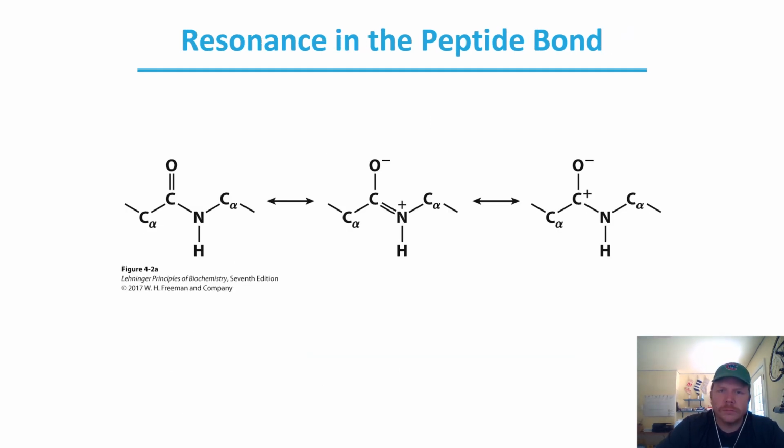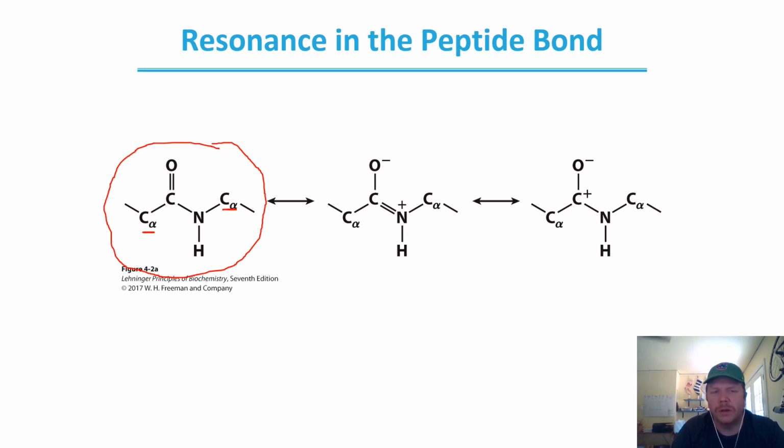So here is the peptide bond that we're accustomed to. What I'd like you to do is be sure that you can orient yourself: where is my R group? If you wanted to find out where your R group is, all that you'd have to do is identify your alpha carbon. Here's an alpha carbon, here's another alpha carbon.